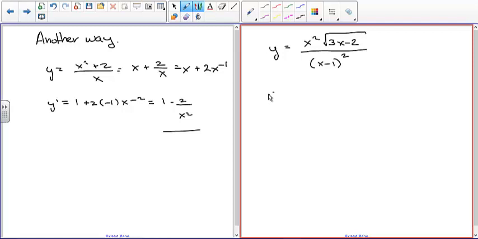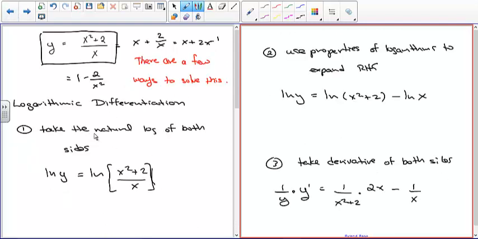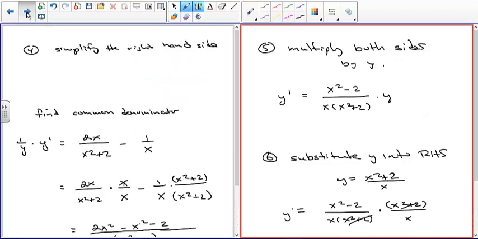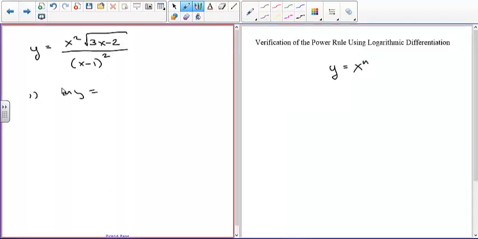So step number 1 is, what's step number 1? Make sure I get these right. Take the natural log of both sides. Okay, so the natural log of y is equal to the natural log of x squared times the square root of 3x minus 2 divided by x minus 1 squared.